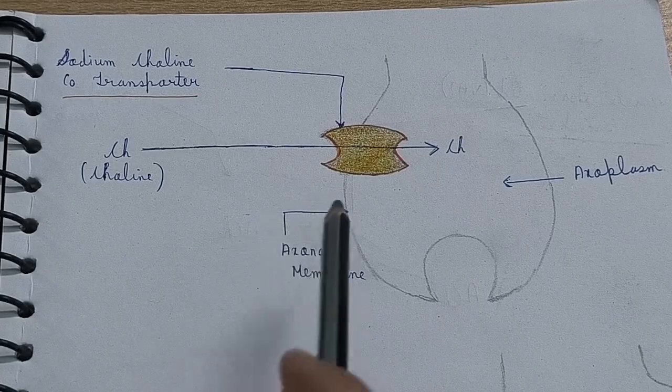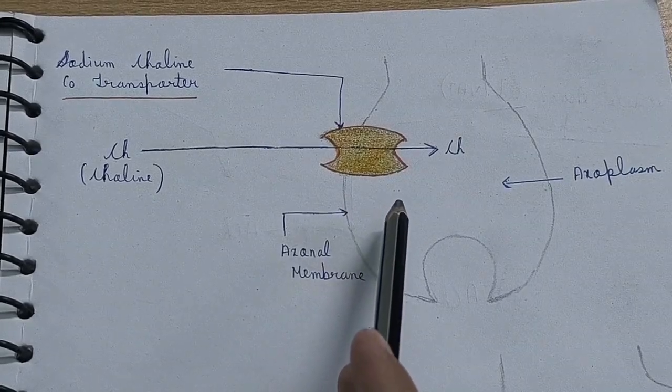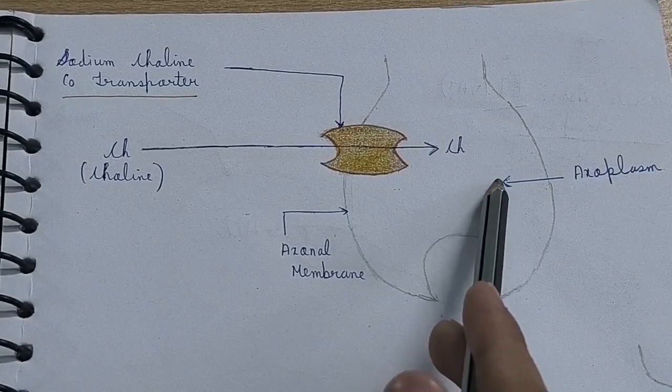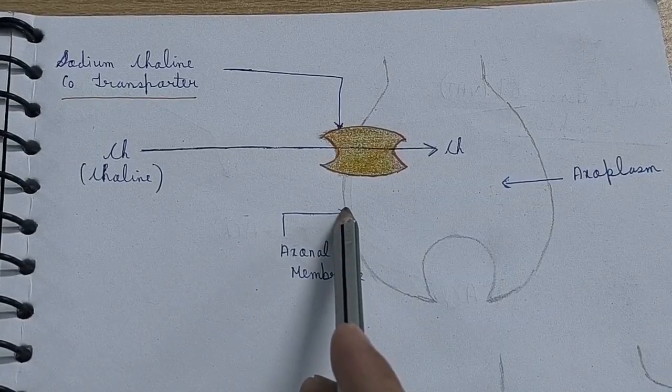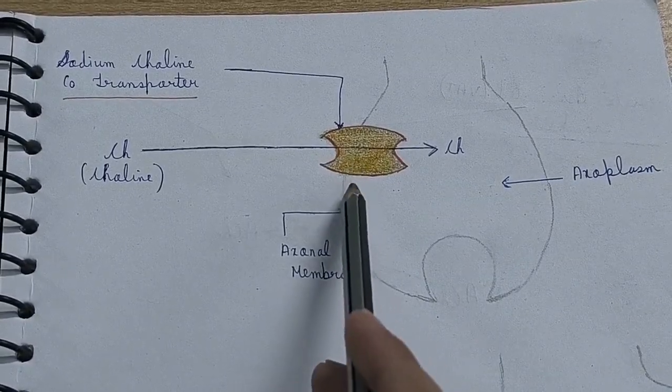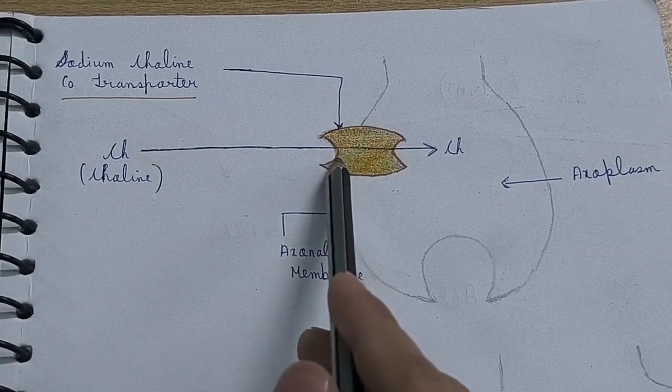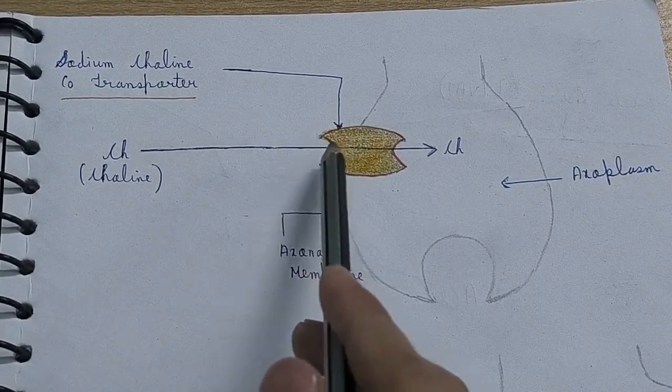So friends, see there, this is the axon terminal of the cholinergic neuron, this is the axoplasm and this is the axonal membrane. In the axonal membrane the sodium choline co-transporter is located.